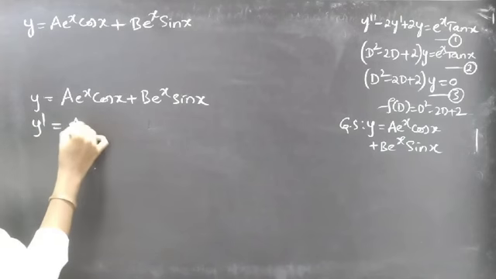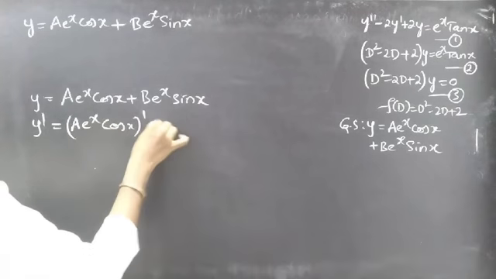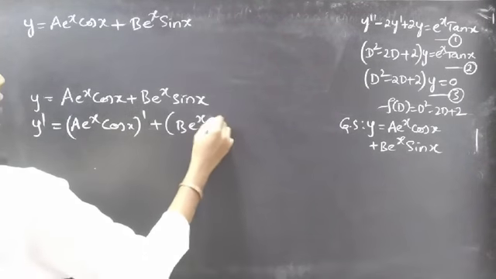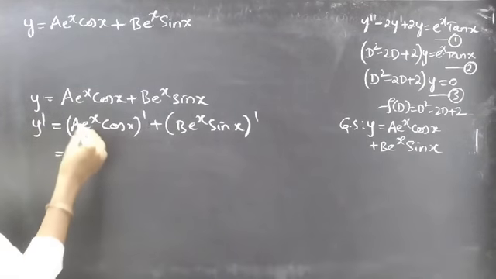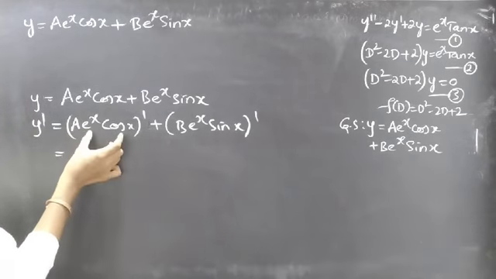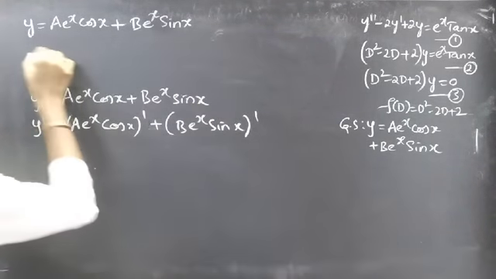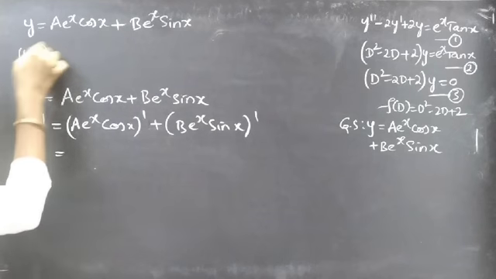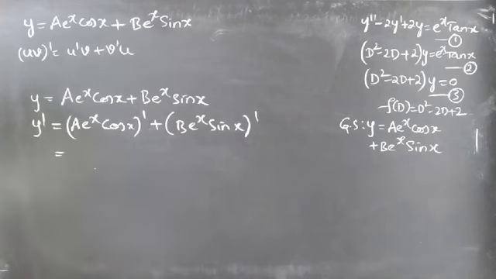y dash equals a e power x cos x whole dash plus b e power x sin x whole dash. This equals, here consider a as u and e power x cos x as v. So we are going to apply the uv whole dash formula. uv whole dash equals u dash v plus v dash u, right?